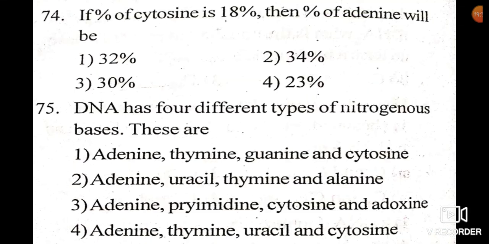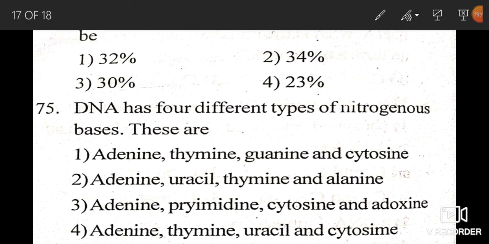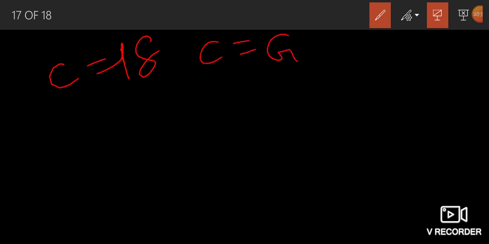Question number 74. If the percentage of cytosine is 18%, then the percentage of adenine will be. Cytosine is 18%. According to Chargaff, the number of cytosine equals the number of guanine, and the number of adenine equals the number of thymine.